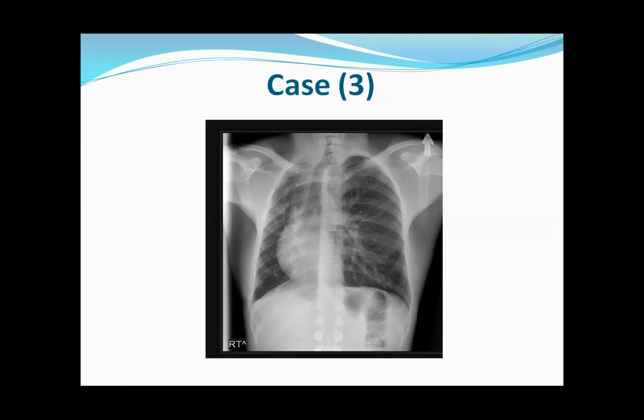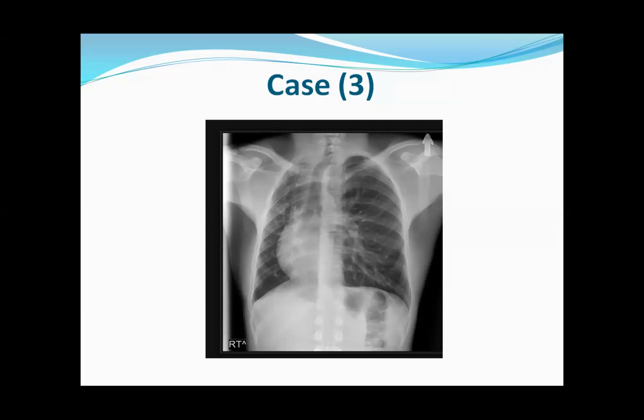What's your differential diagnosis? My diagnosis would be hypoplasia of the right lung, possibly a case of Swyer-James syndrome, with pulmonary hypoplasia as well as hypoplastic pulmonary vessels.